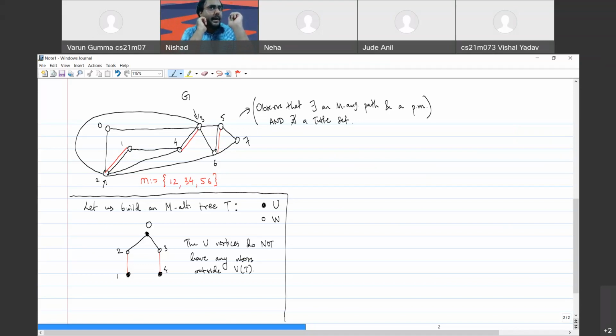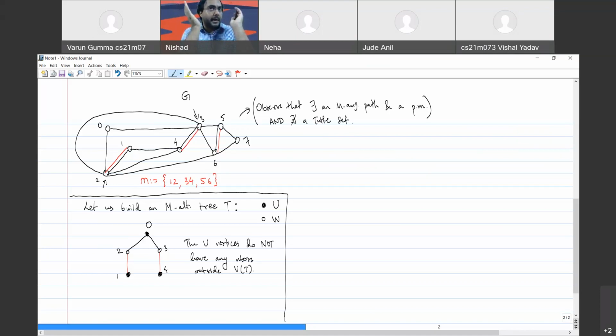So in a bipartite graph, the U vertices will form a stable set in your tree because they are all the same color. And so the W vertices will form a touch set, because when you delete the W vertices, you will get as many odd components as the number of vertices in U, which is exactly cardinality of W plus 1. So you would delete 2 vertices and you would get 3 odd components.